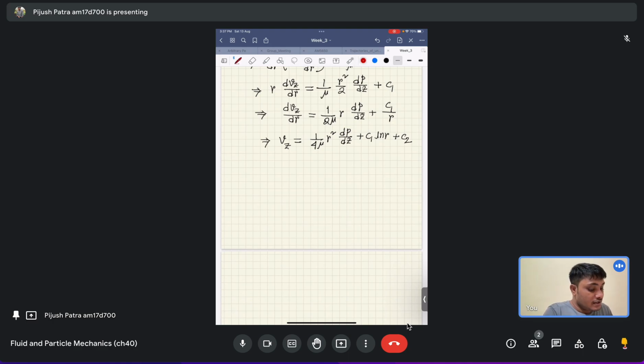So this is the general form of the Vz for laminar flow through a pipe with constant pressure gradient, fully developed, steady, incompressible, axisymmetric and parallel flow. Okay, so these I need to remember. Now what is the boundary condition here?